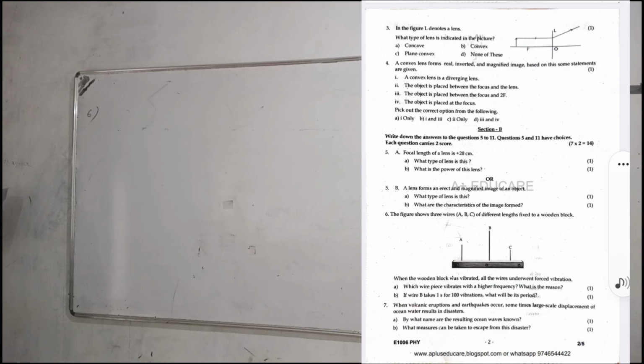What is the reason? The vibration depends upon the length of the wire. The length of wire C is less. When the length of the wire is less, vibration is more. So the answer is C.